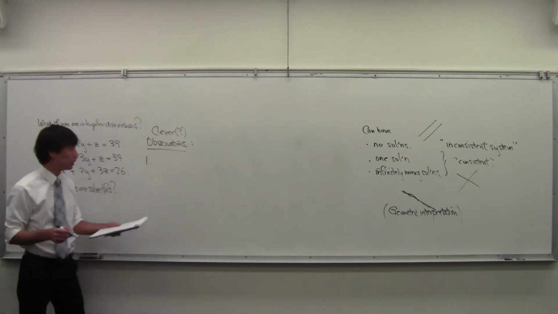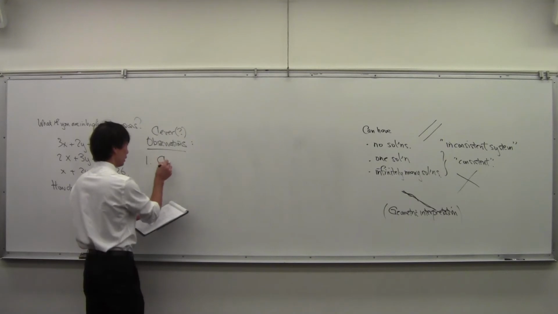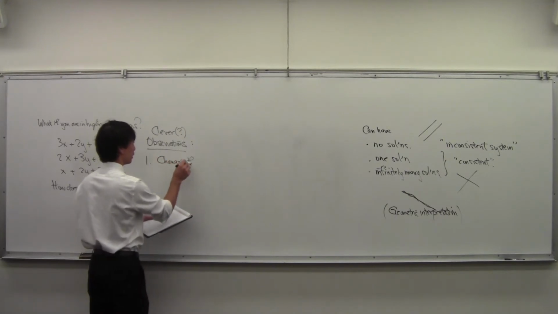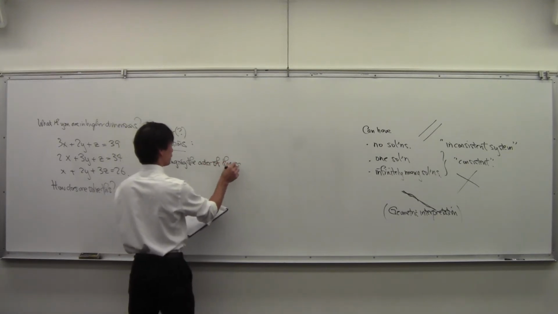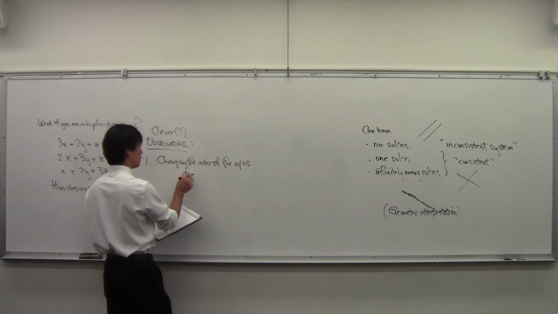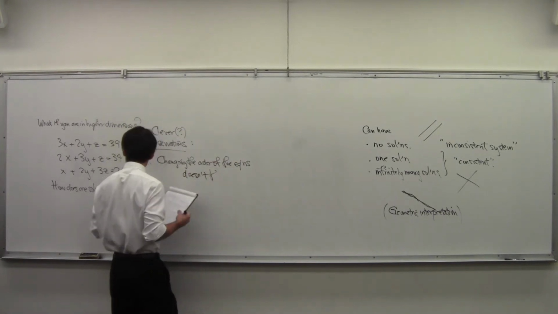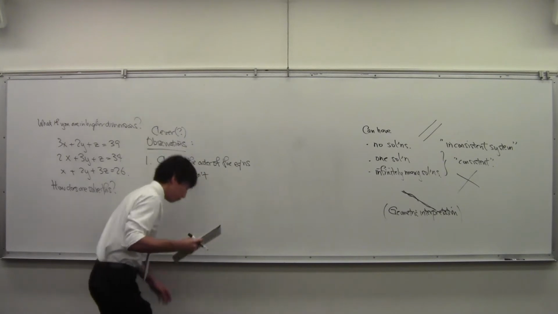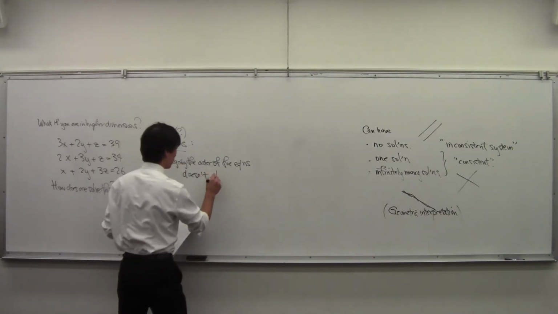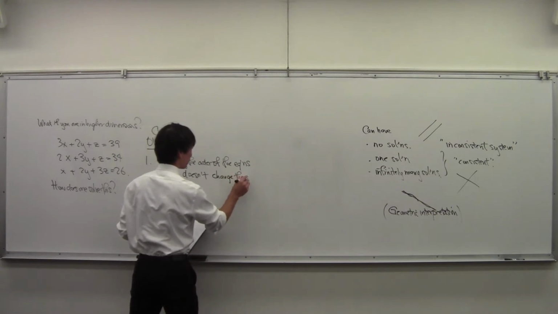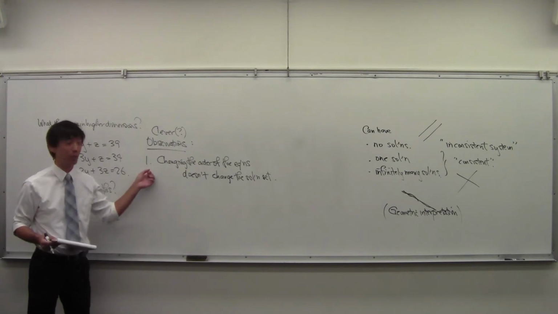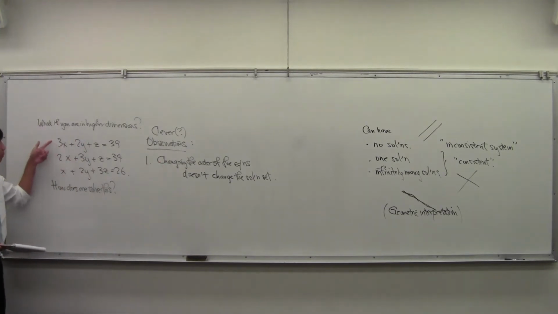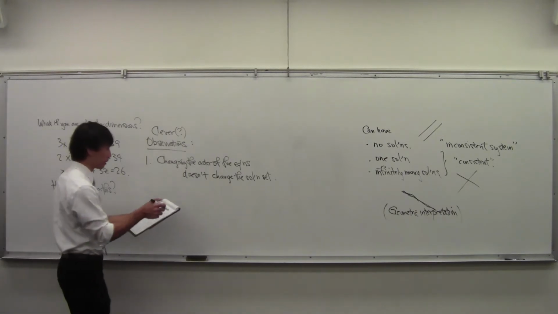So the first observation you make is that changing the order of the equations doesn't change the solution set. This is kind of a dumb observation, but it would be useful, right? If I switch the order of two of the equations, that doesn't affect the solution set.